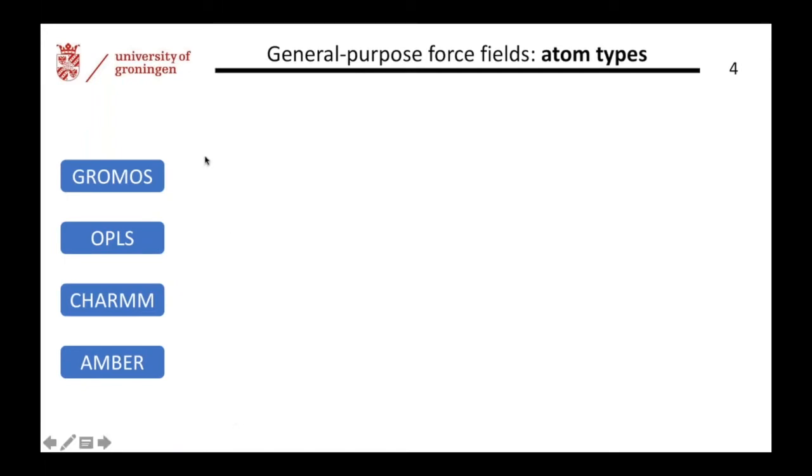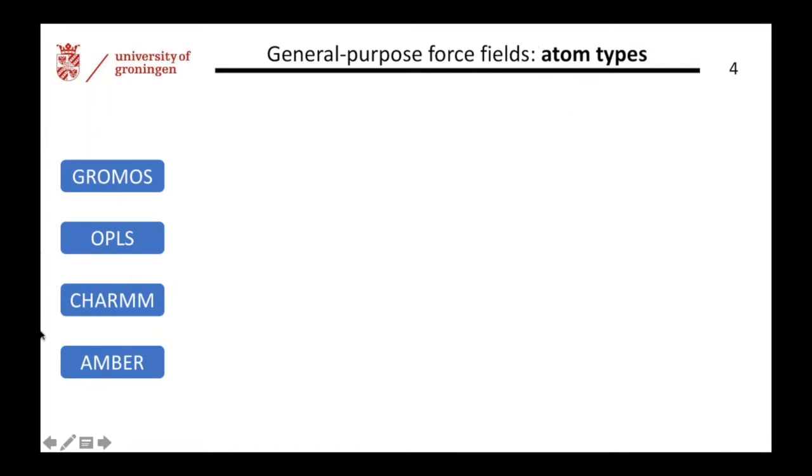All this results in a large number of parameters that are needed to describe the complete molecular space. If one has to determine these parameters for each molecule, then we have to solve a virtually infinite size problem. And the solution to this was these general purpose force fields and their use of atom types.